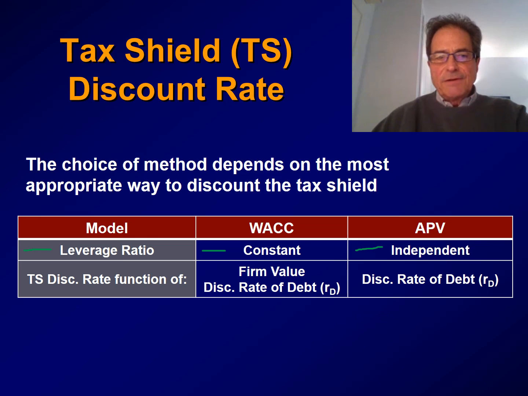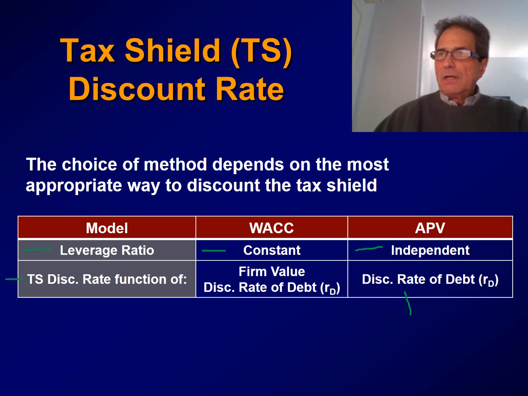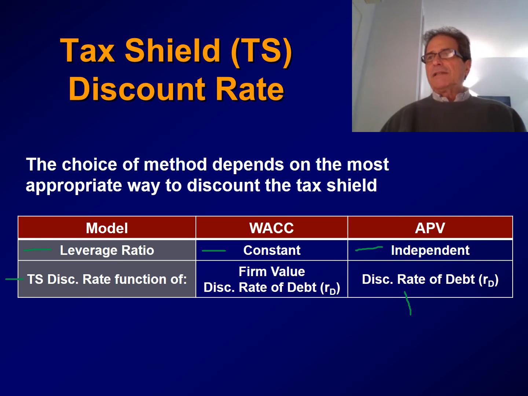Having said this, then how do we determine the discount rate of the tax shield? The discount rate of the tax shield is a function of what? Well, in the case of APV, we know that the amount of debt is a managerial decision. So the amount of the tax shield, the tax savings coming from the debt, are only a function of the interest rate or the cost of the debt.